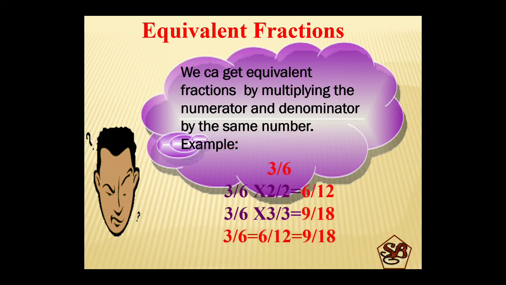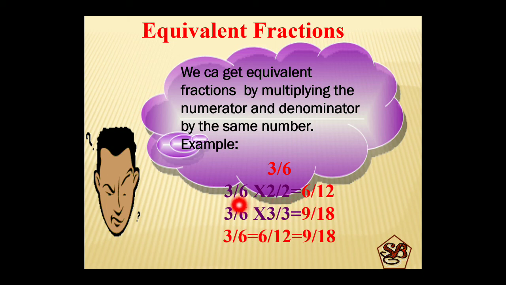For example, here we have 3 by 6. To find an equivalent fraction of 3 by 6, we multiply it by 2 by 2. Numerator by 2 and denominator as well by 2. 3 2s are 6, 6 2s are 12. So we get the answer as 6 by 12.